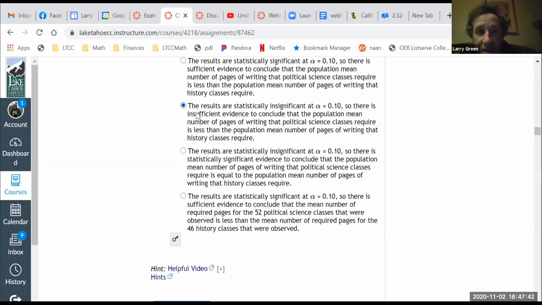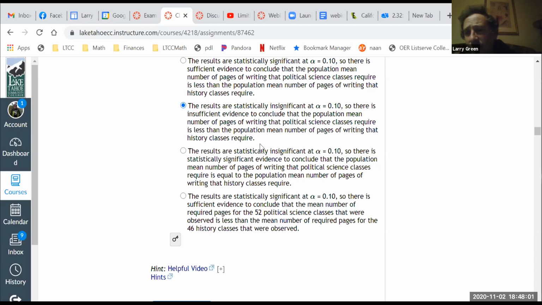Yep, this one's number 2. There is statistically insignificant evidence. So there is insufficient evidence to conclude that the population mean number of pages of writing that political science classes require is less than the population mean number of pages of writing that history classes require.